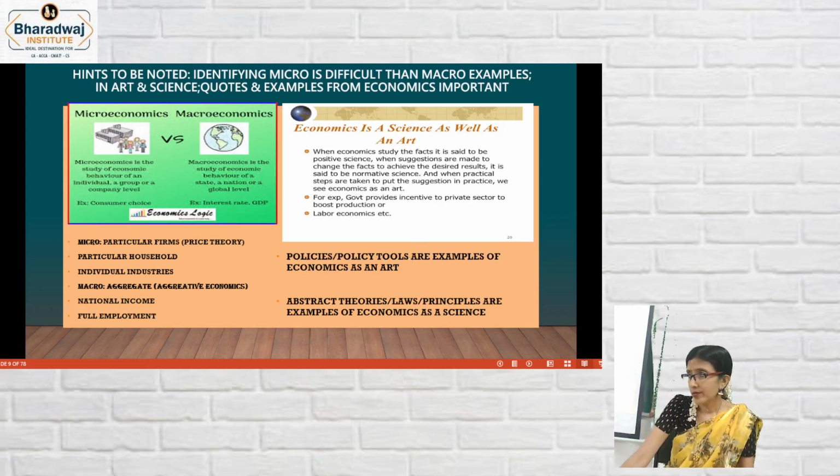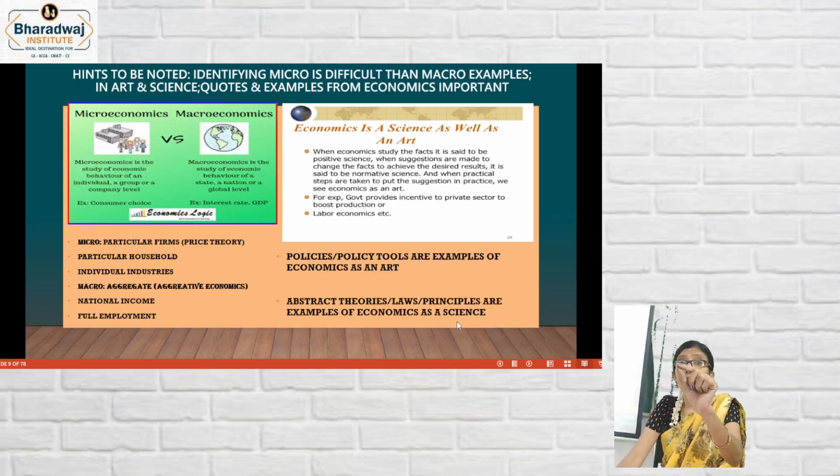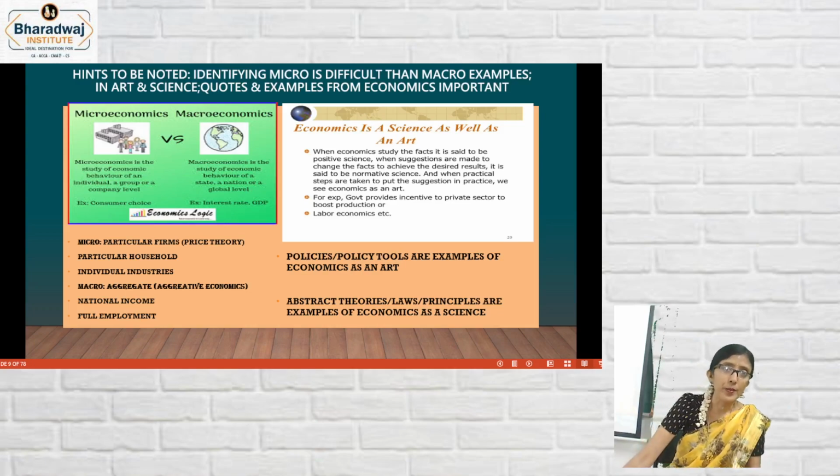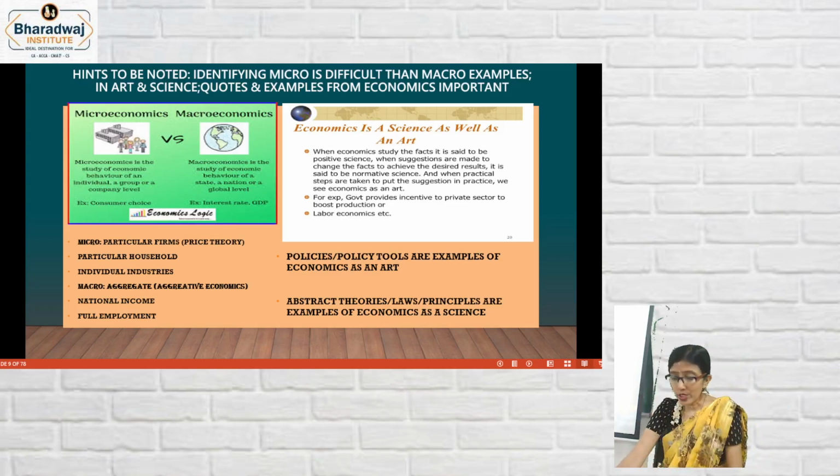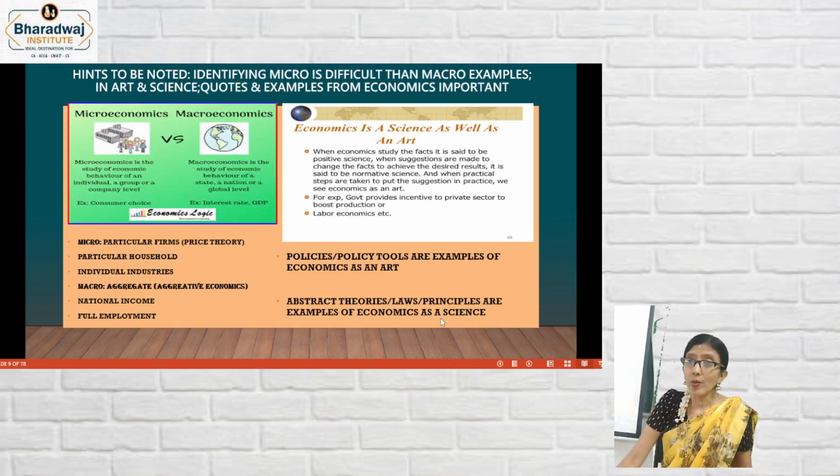Also growth policy, international trade policy, all these industrial policies. In science, they will give you the law of demand, law of supply, law of DMU, law of equimarginal utility, laws of production.